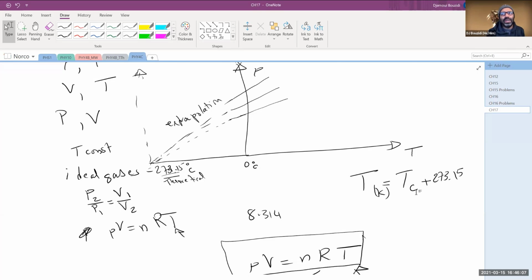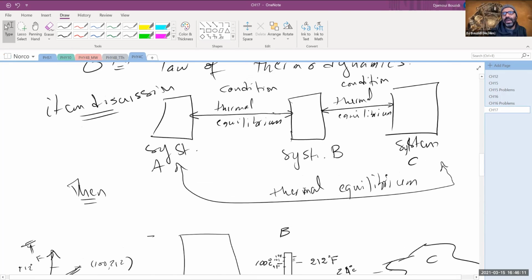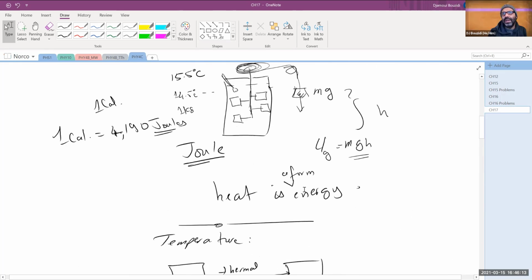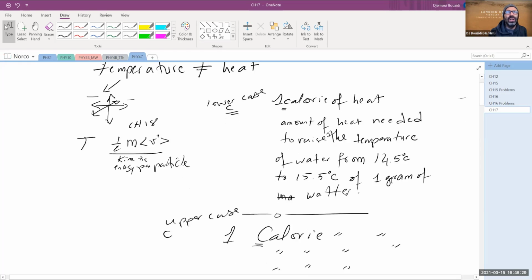For the difference in temperature, like we defined the specific heat earlier, we said it's 1 calorie, the amount of heat needed to raise the temperature of 1 gram of water from 14.5 to 15.5. So in this case, we're just talking about the difference between 15.5 and 14.5. It doesn't matter if I add 273 to this one and 273 to that one, the difference is going to be 1.